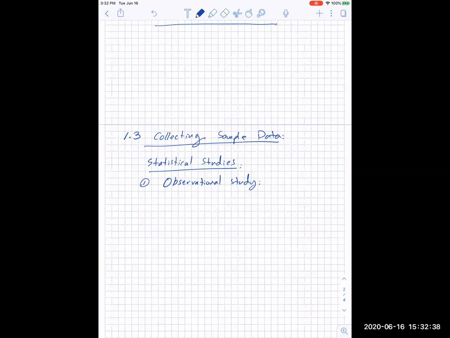We collect measurements. So the researcher observes and measures specific characteristics of the individual.